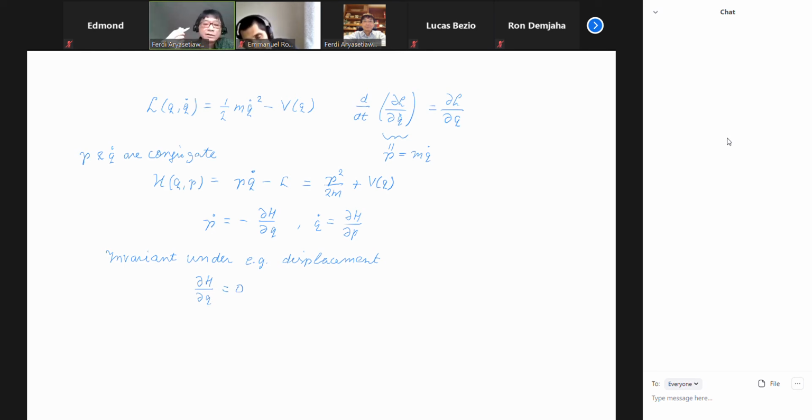That would also then mean that p dot is equal to 0. So this implies that p is a constant of the motion. Momentum is constant.